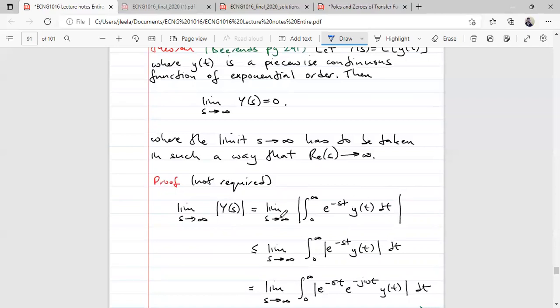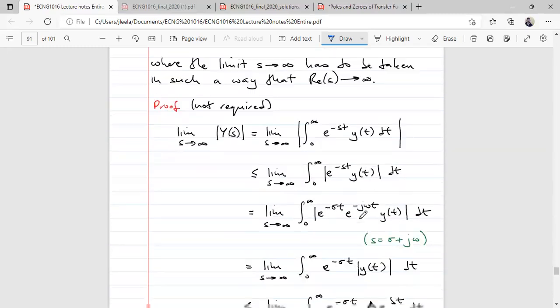Then we know from the triangle inequality that the modulus of the integral is less than or equal to the integral of the modulus. So if you take the limit as s approaches infinity, the integral of the modulus of e to the minus st times y(t) dt will be greater than or equal to this value here.